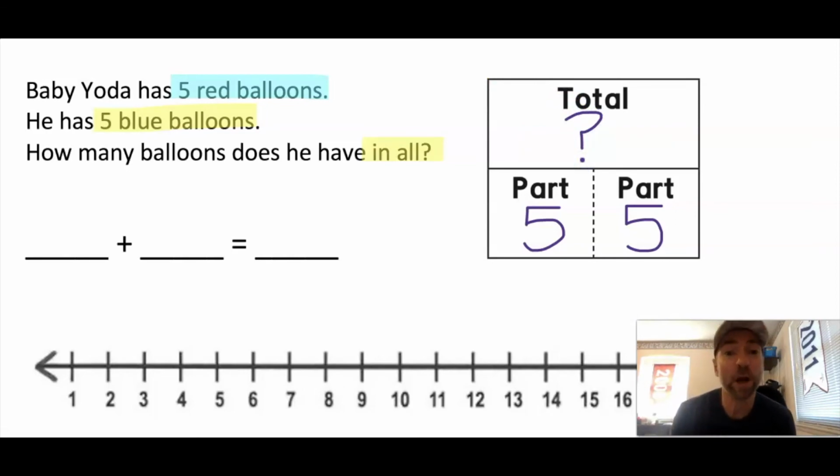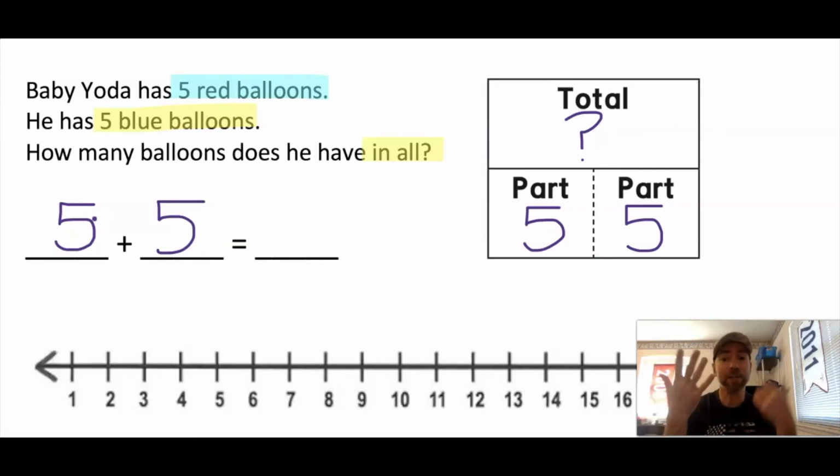Now, we can start to write our number model, because our number model requires us to add our parts together. 5 is our first part, and 5 is our second part. 5 plus 5. What does 5 plus 5 equal? Now, if you don't know, you can use the number line to help you. You could also use your hands. You can draw dots.